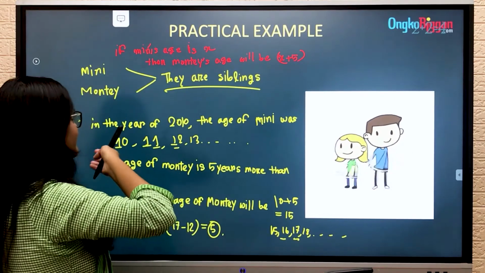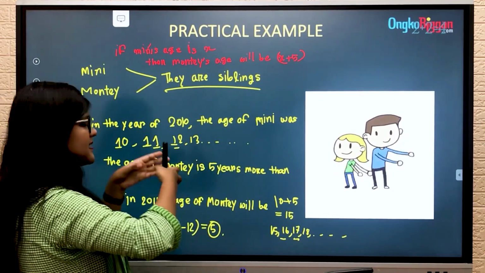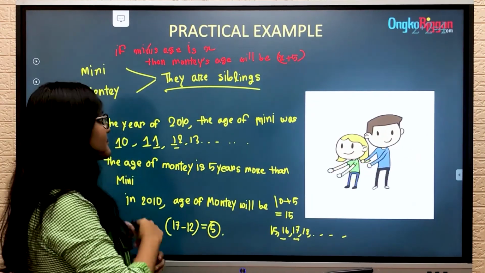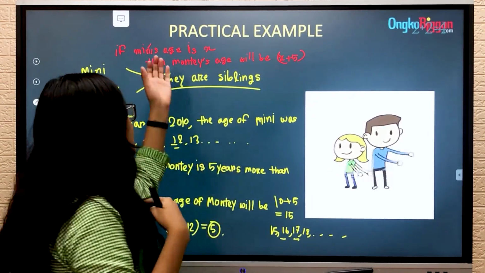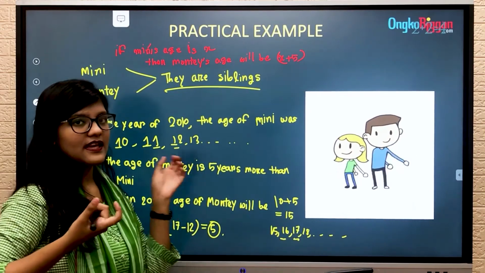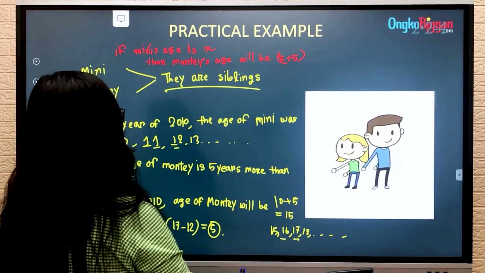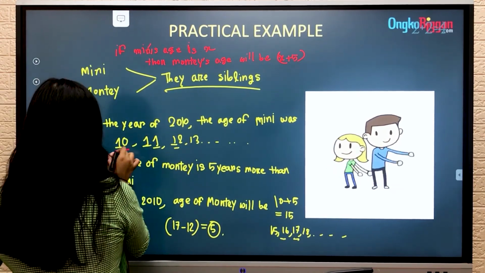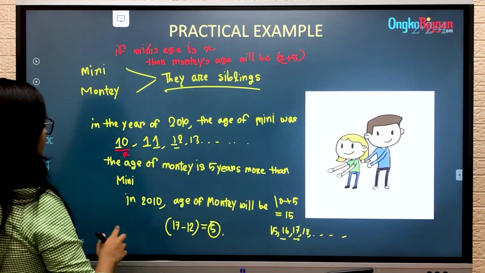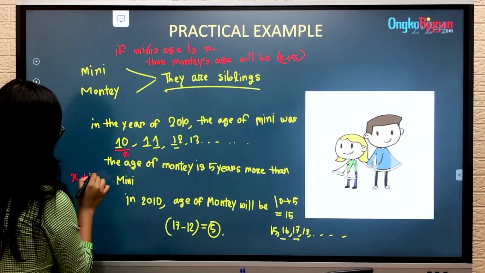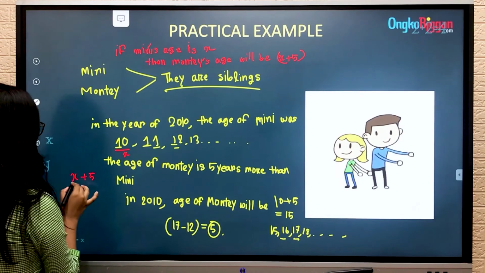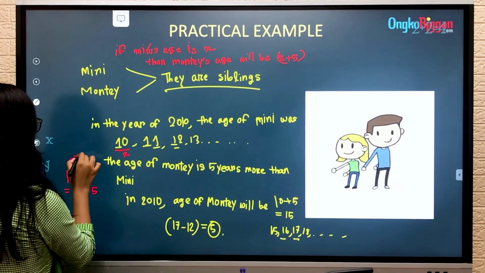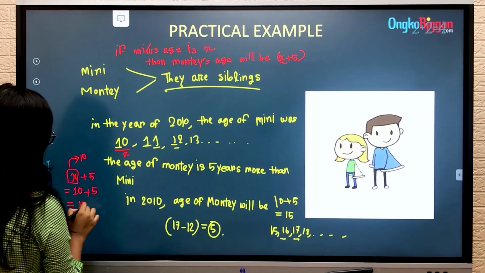That means whatever the age of Minnie, at that period the age of Monty will be 5 more than Minnie. That means 5 will be added with x. So you can apply in 2010, if the age of Minnie was 10, that means x, then x plus 5 will be equal to 10 plus 5, because our x is 10 here, so it will be 15.